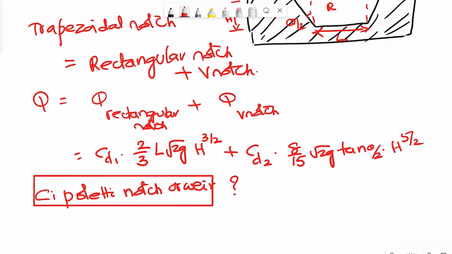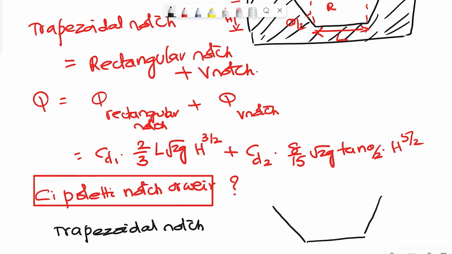A Cipolletti notch or weir is nothing but a trapezoidal notch, but with some specific thing.